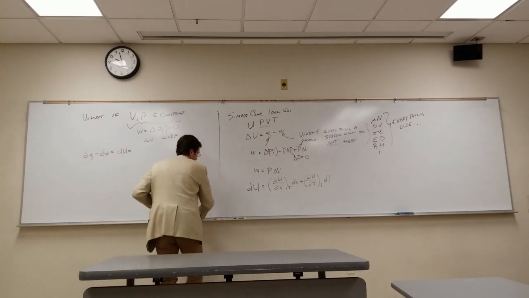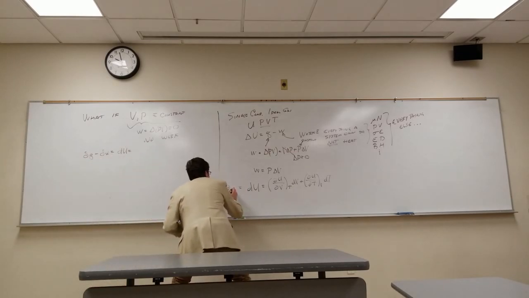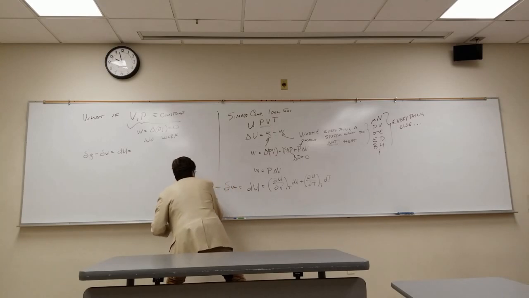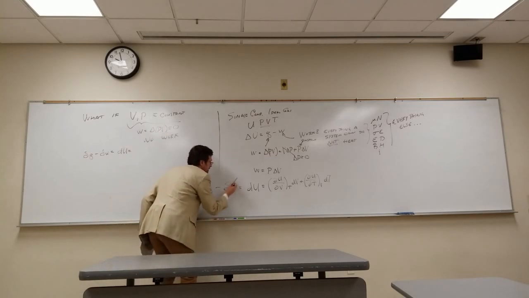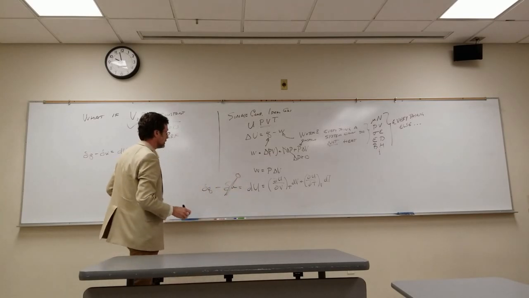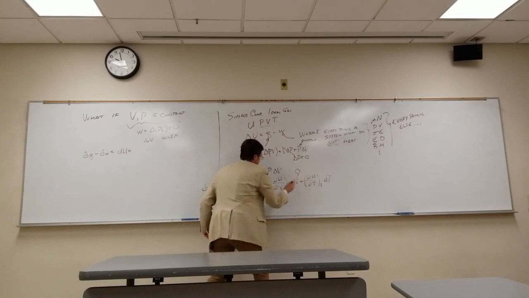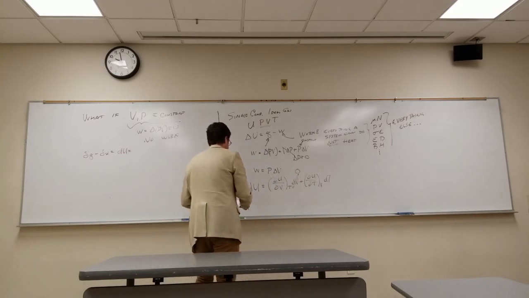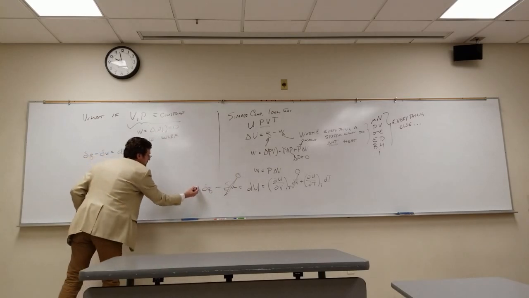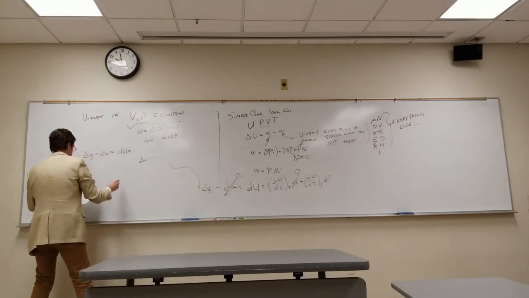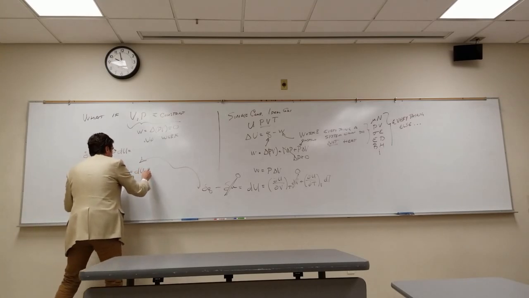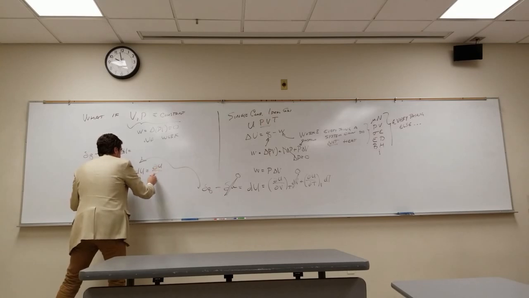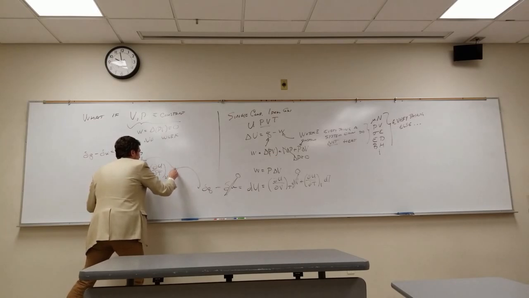If this is 0, we also have this is 0, which means that delta Q is equal to dU, partial of U with respect to T at constant volume, dT.